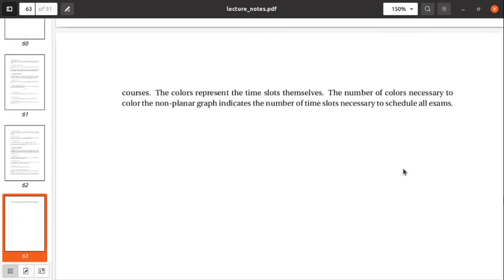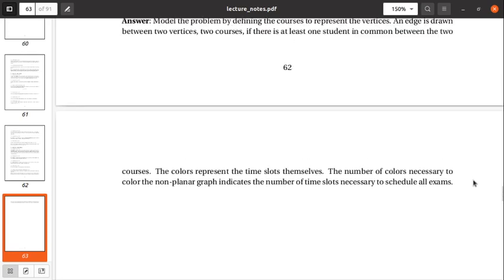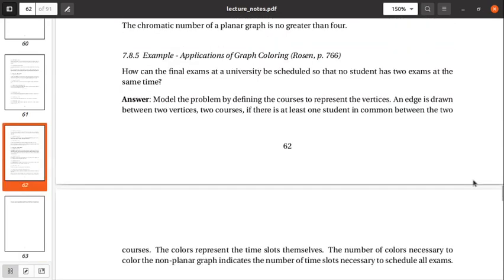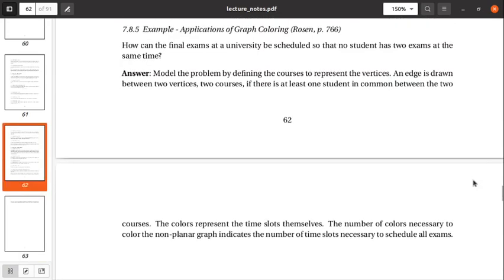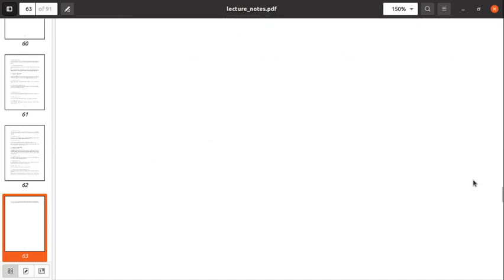So the number of colors necessary to color the graph indicates the number of time slots necessary to schedule all exams. And so this is another way to think about these problems, using these abstract data structures that we've been discussing in order to solve practical problems in the real world. I think that's really interesting too.